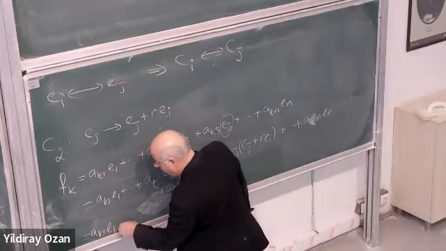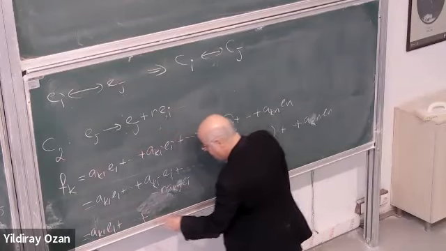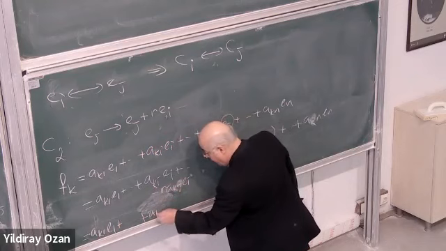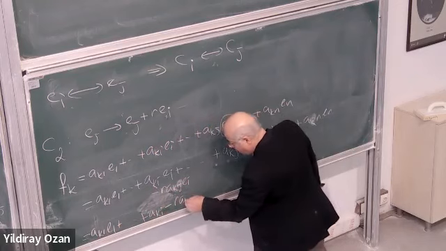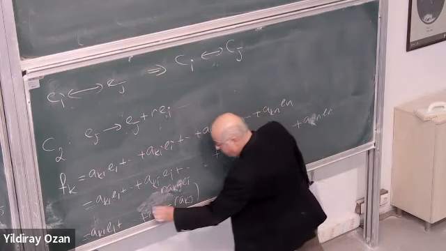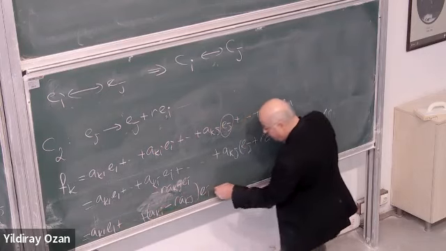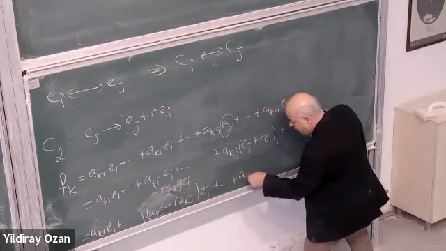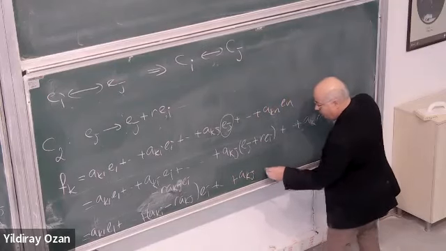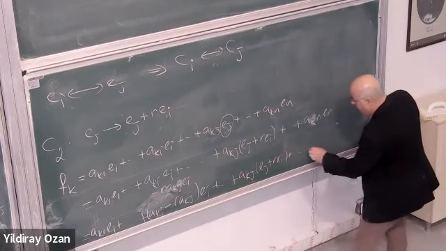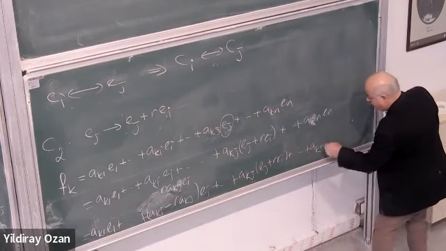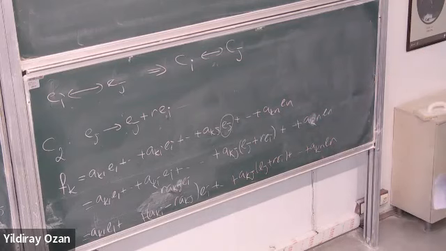So I have done the following: AK1 E1 plus AKI minus R times AKJ times EI, AKJ EJ plus REI, and then AKN EN. So what happened? Which columns are changed?